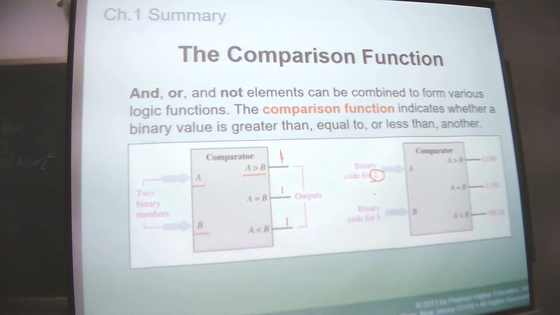So we can calculate: 0 plus 2 plus 0 plus 0 equals 2. So 2 is represented by 0010.